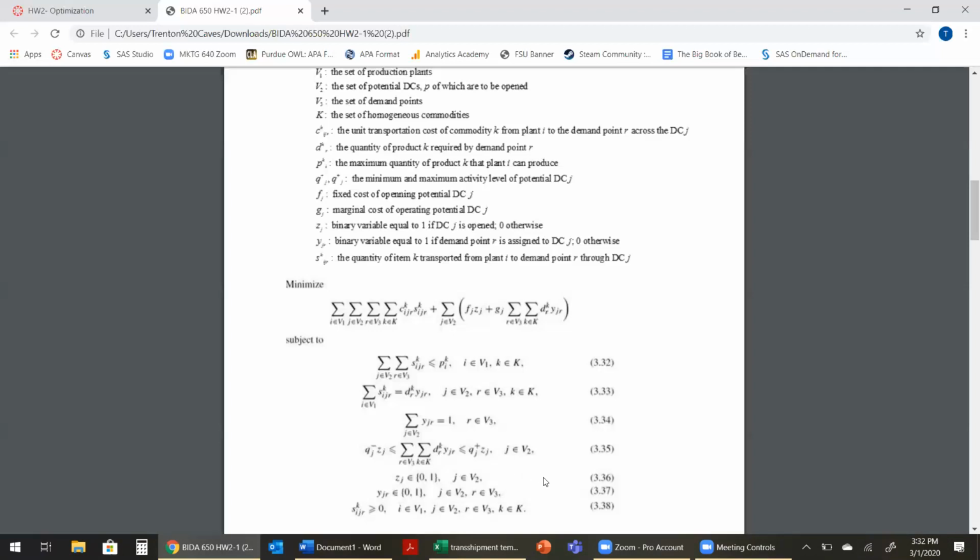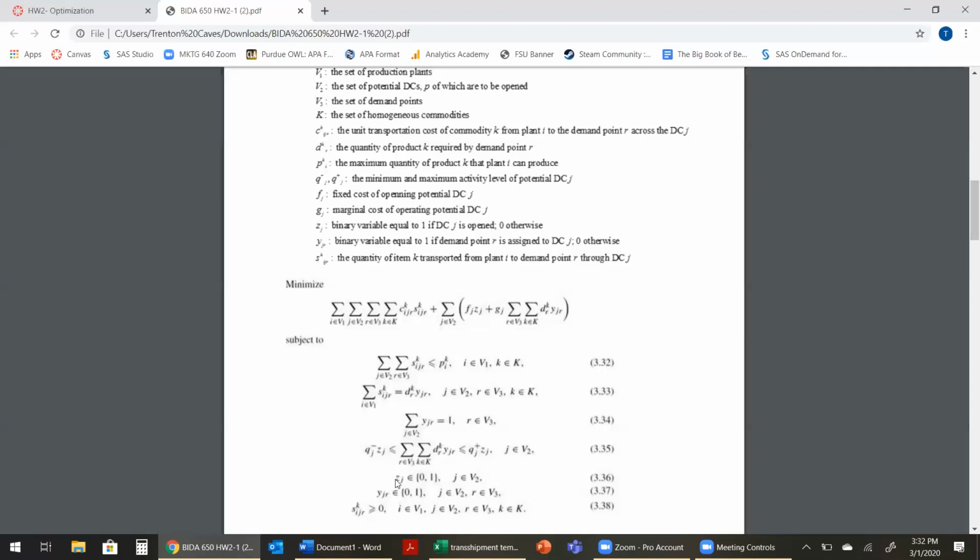And then the last one that she asks for explanation is 36. And 36, 37, and 38 are all similar to the non-negativity constraints that we had in our original linear programming functions.